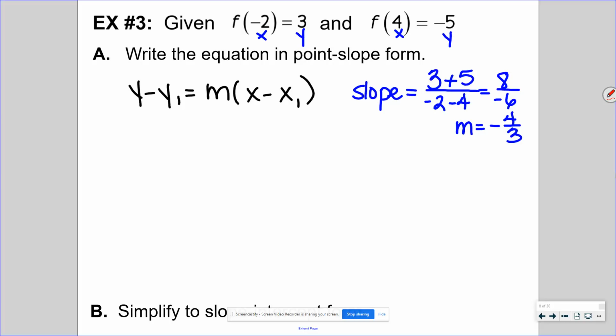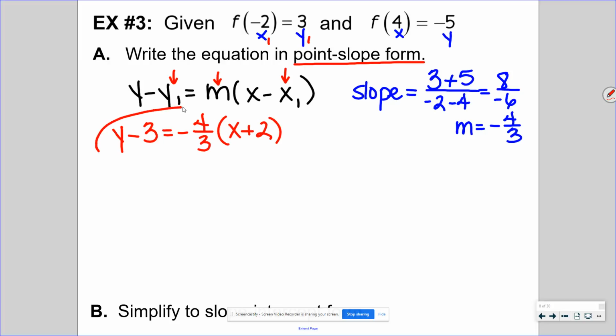I can now write my equation in point-slope form by picking one of the 2 points and using that in place of the y1 and the x1. So I'll go ahead and use this first ordered pair, and I'm going to plug them in for y1 and x1, and then obviously slope is the number we just found. So that would look like y minus 3 equals negative 4/3 times x minus negative 2, so I'm going to make this a plus 2.